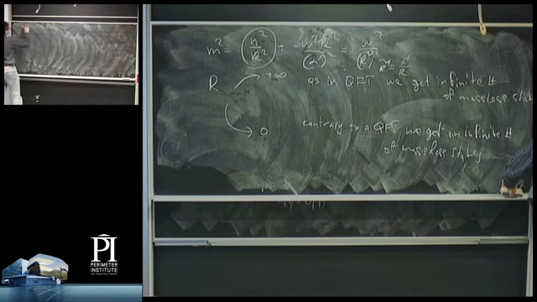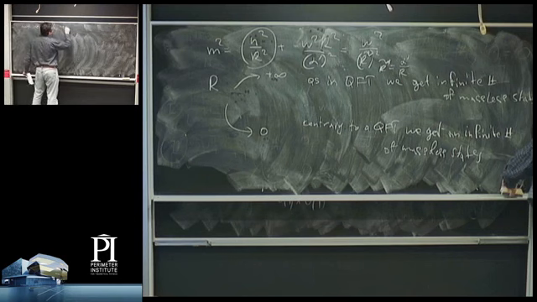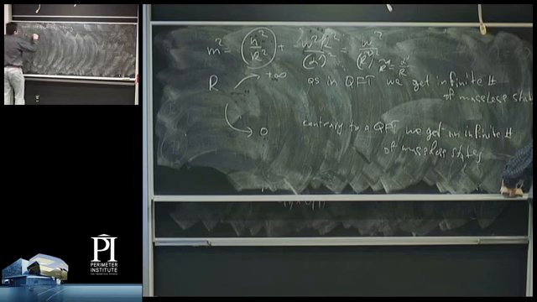So let's look at a mass spectrum of strings. I can look at the modes which have momentum and winding, so those are momentum and winding modes on a circle of radius r.